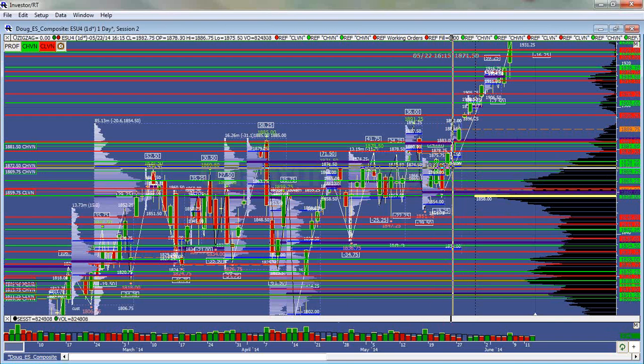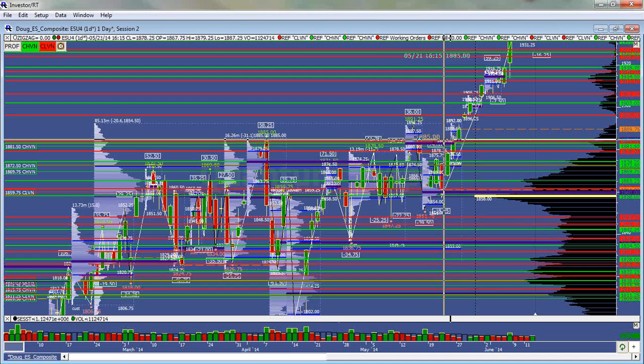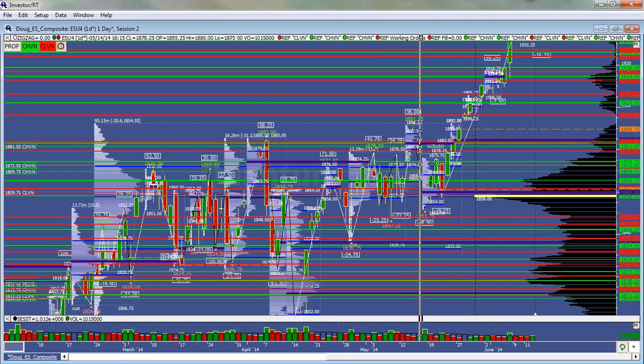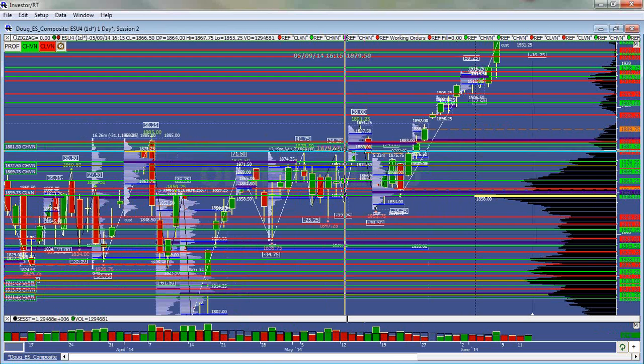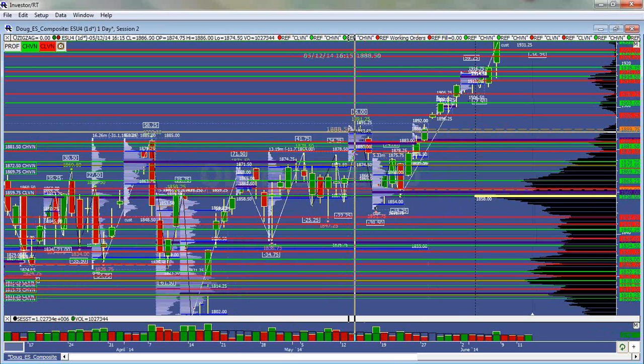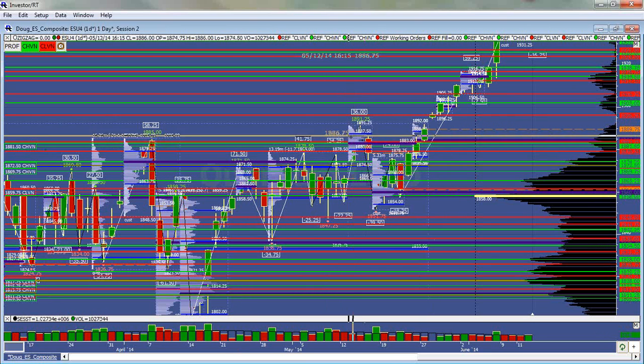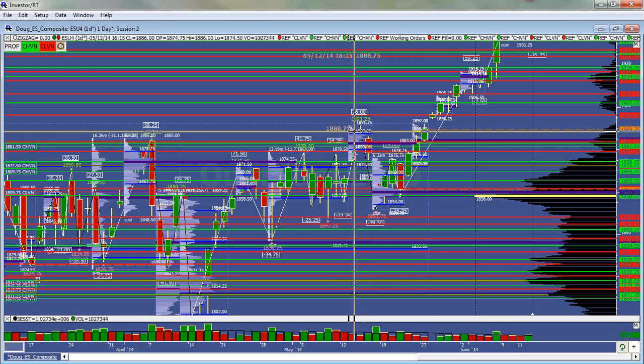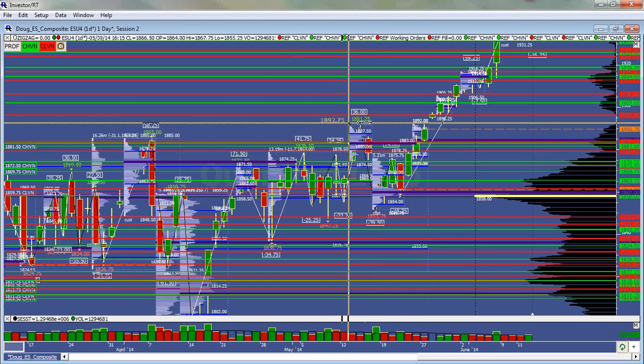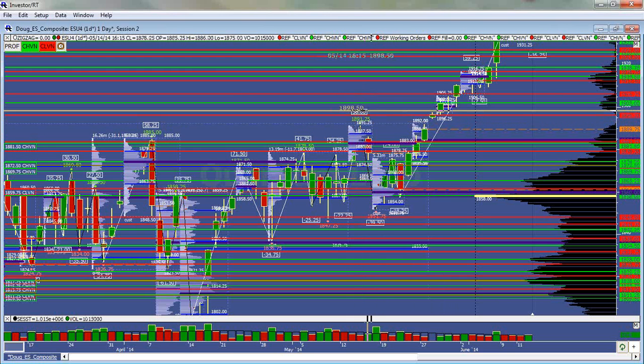Then we went out and tried to break out. They went up and accepted value, where they tried to hold value on the last high, 1898.50, which has been adjusted down to 91 and a quarter, an all-time high.